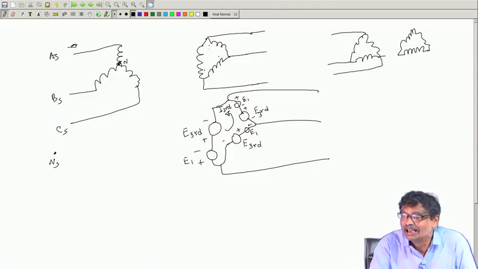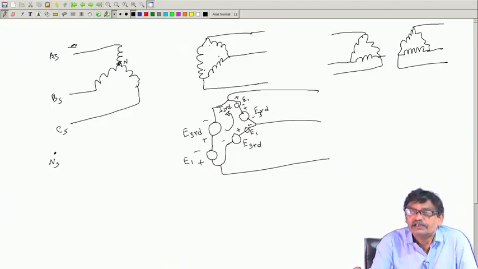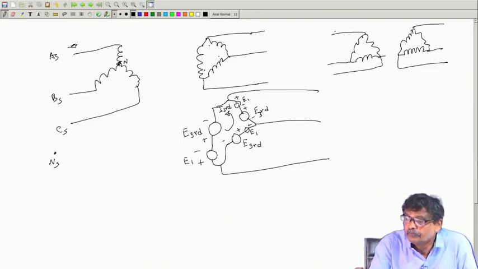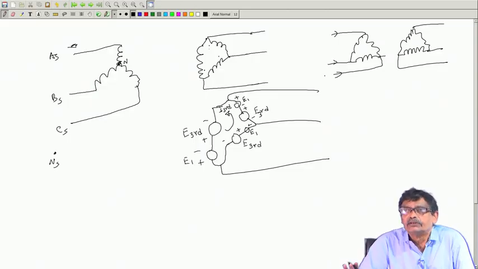I am not doing any analysis, it can be done, but you will never forget. Here also, if you apply balanced 3 phase voltage here, can third harmonic current exist? No, it cannot exist. Only the fundamental component of current will be drawn.